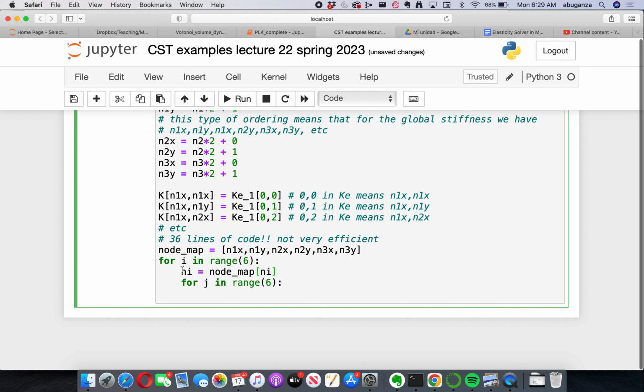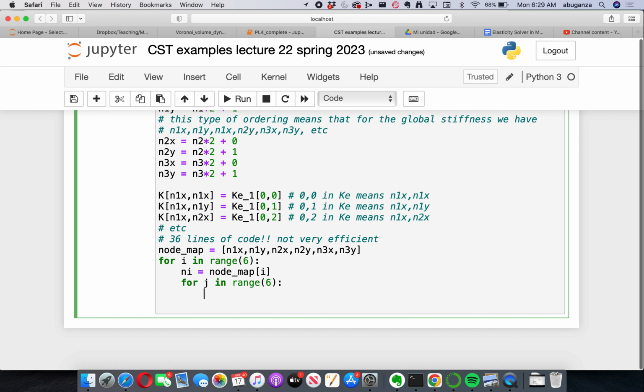So you can see that this will read, not ni, I need to read I. It will read n1x, n1y, n2x, n2y, n3x, n3y. And then the second one will do the same. There we go.